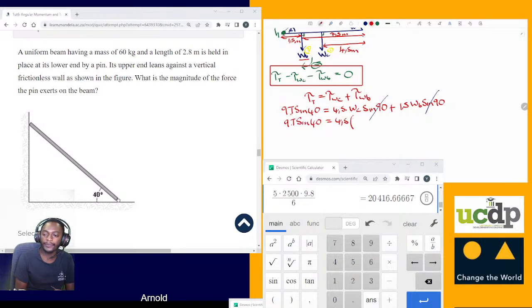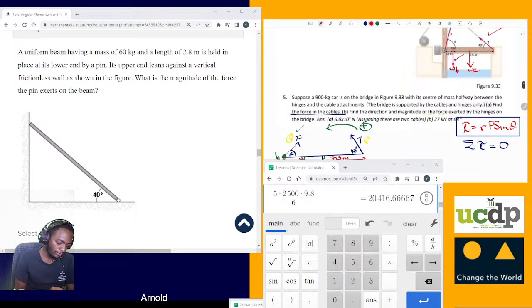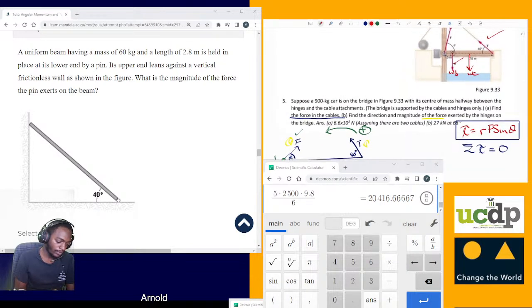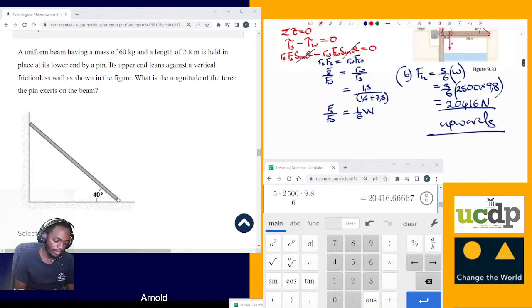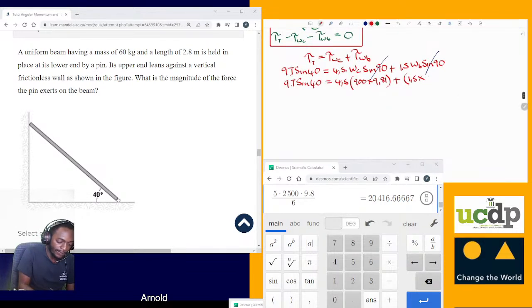Weight of the car, we're told that is 900, which is 900 times 9.81, plus 1.5 weight of the bridge. What is the weight of the bridge, by the way? Still the same bridge, so it's 2,500 times 9.81.